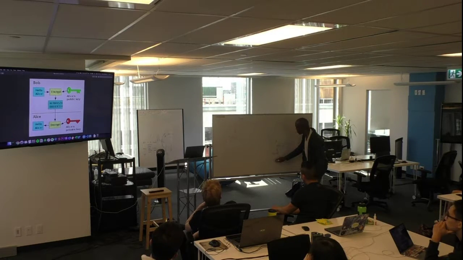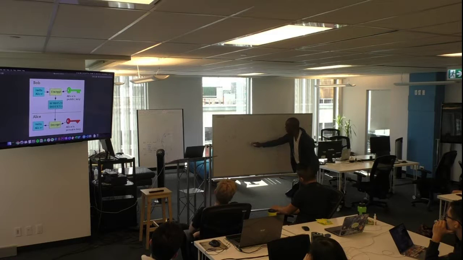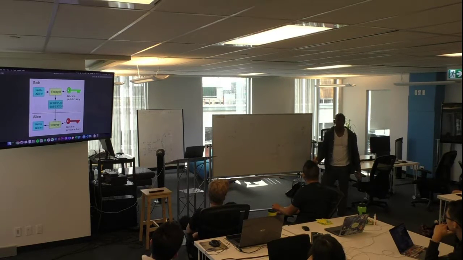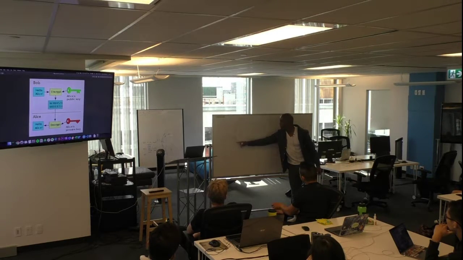And then now this message is traveling across the internet. And even if it's intercepted, no one can actually decrypt it until it gets here, and then this key can decrypt it.